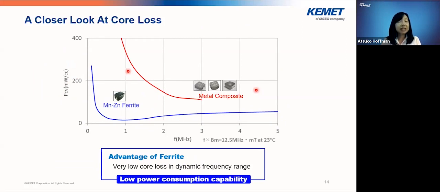As you can see, for example, at 1 megahertz, the ferrite core loss is a lot lower than the metal composite core loss. And then the ferrite inductor's core loss is very low in a wide frequency range.